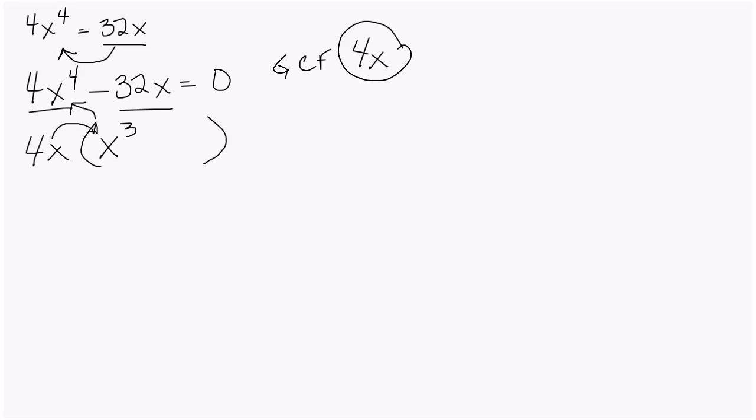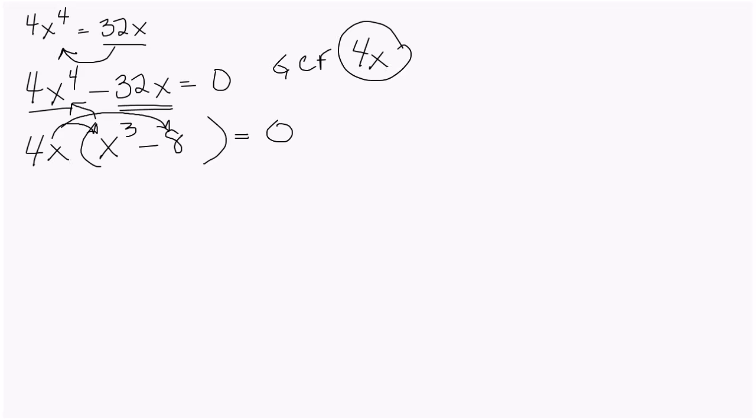And then my other term, negative 32x, if I divide that by 4x, I'm going to be left with negative 8, because if I multiplied 4x by negative 8, I would get the term negative 32x. So I've pulled out my greatest common factor, and then I get this new expression.